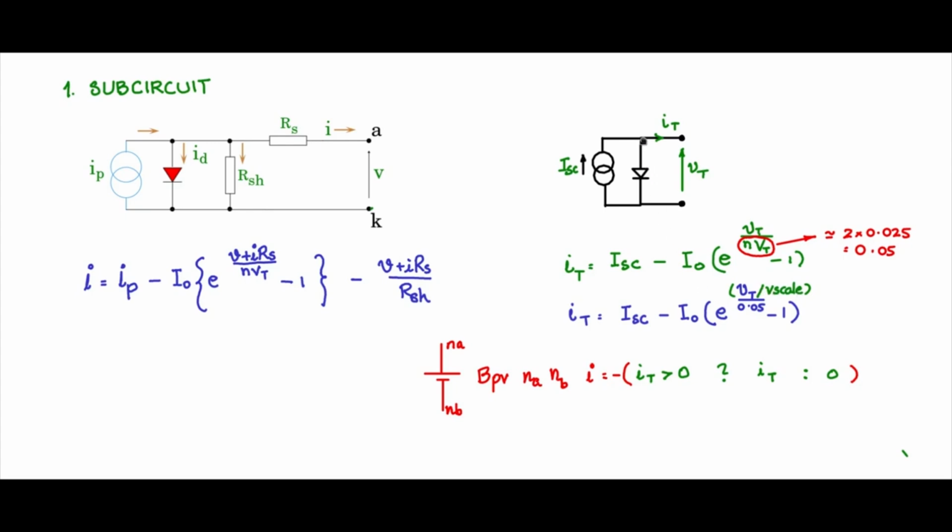then for the same amount of diode current to flow, this numerator here should be around 0.7 to 0.8, which means VT should go to 7 or 8. 7 or 8 divided by 10 will be 0.7 to 0.8. Therefore, because this is the current source, to achieve the same current levels, Vt will automatically scale to a higher voltage of 7 to 8 volt if we make V scale 10.